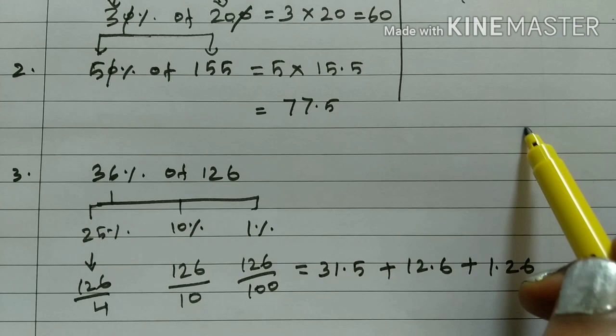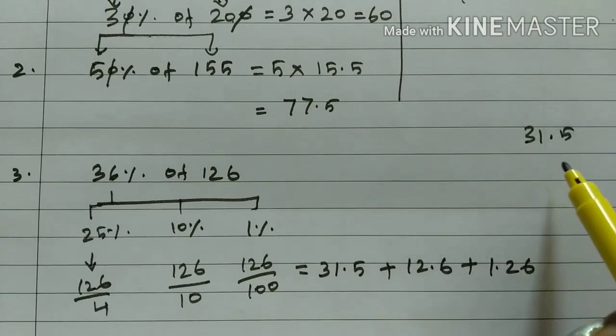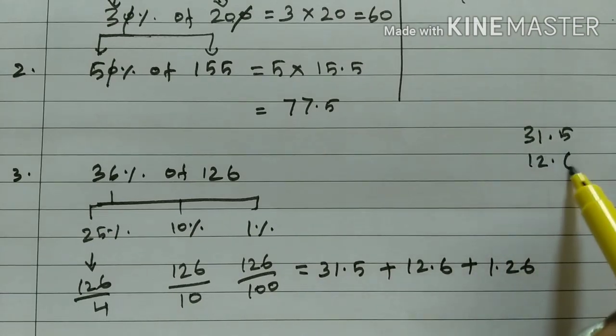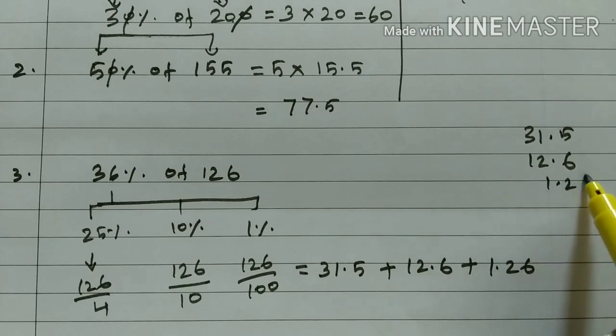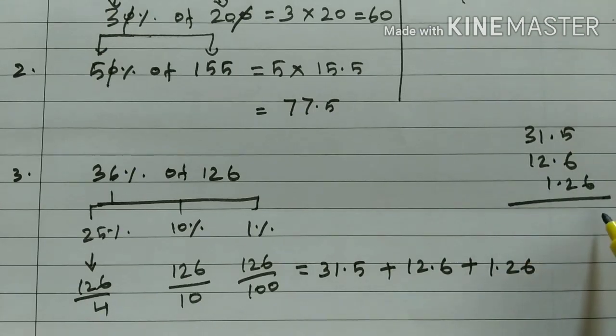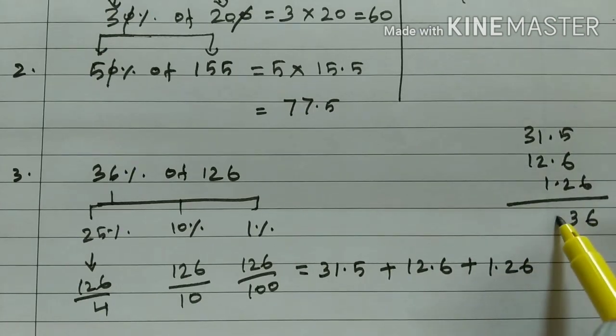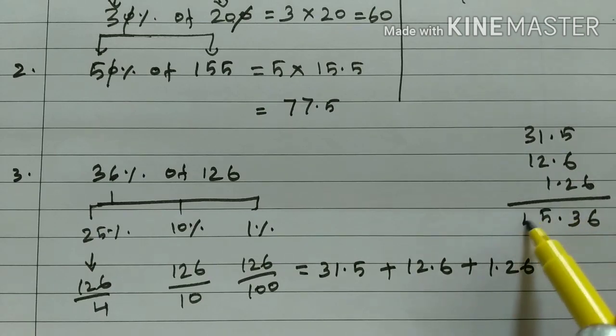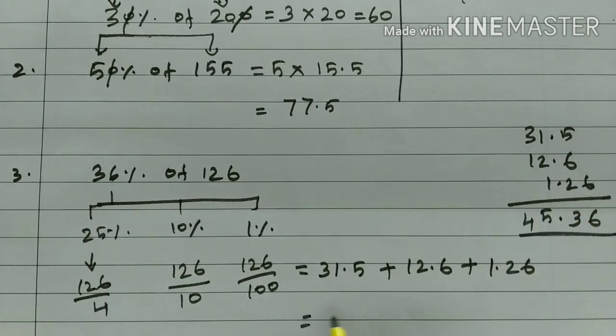Now you have to add these numbers, 31.5, 12.6 and 1.26. You will get 45.36. So 36% of 126 is 45.36.